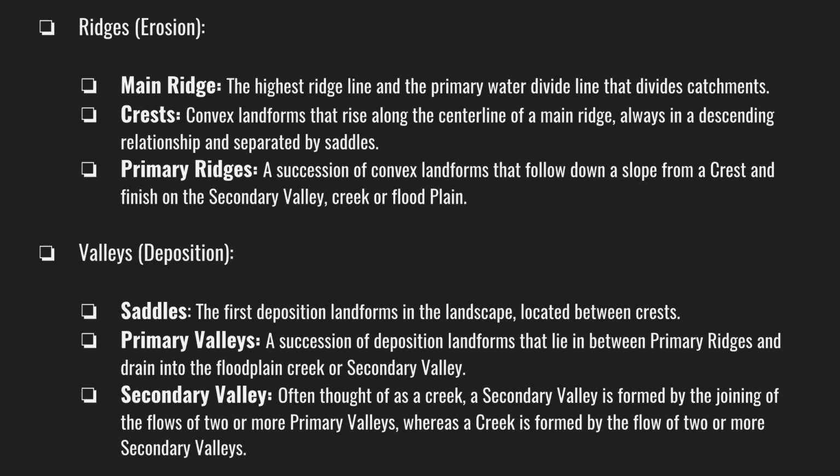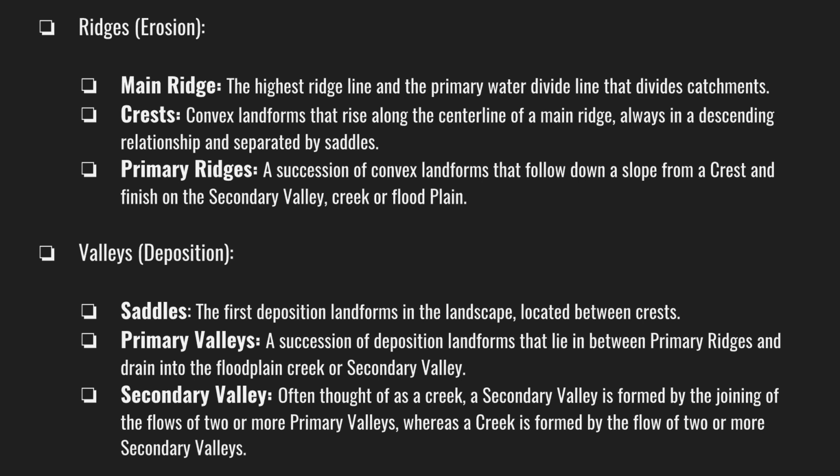When you look at the landscape, there are two main shapes: there are ridges and there are valleys. Literally, it's protrusions and depressions in the landscape. These are the two main shapes we have to deal with, and they have a various hierarchy in any particular landscape.